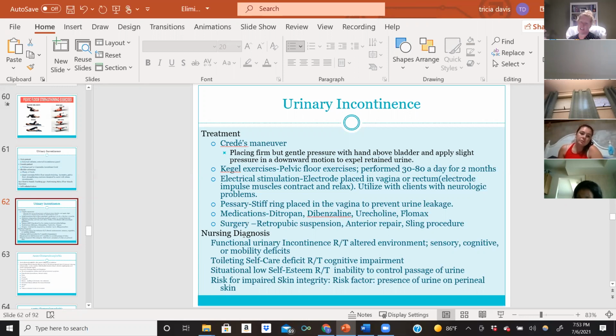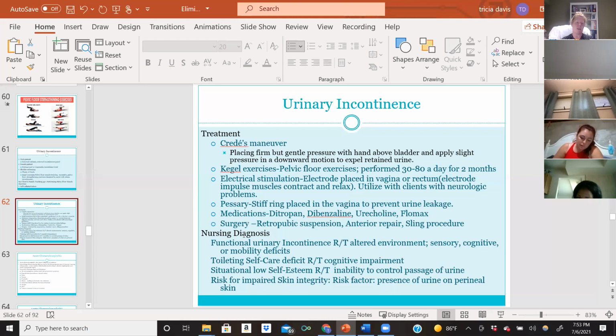And then our medications, so Ditropan, Urecholine, and Flomax, and then that surgery, that retropubic suspension, and anterior repair. It talks about all these in your book. And then the sling procedure is probably the most common that I see.